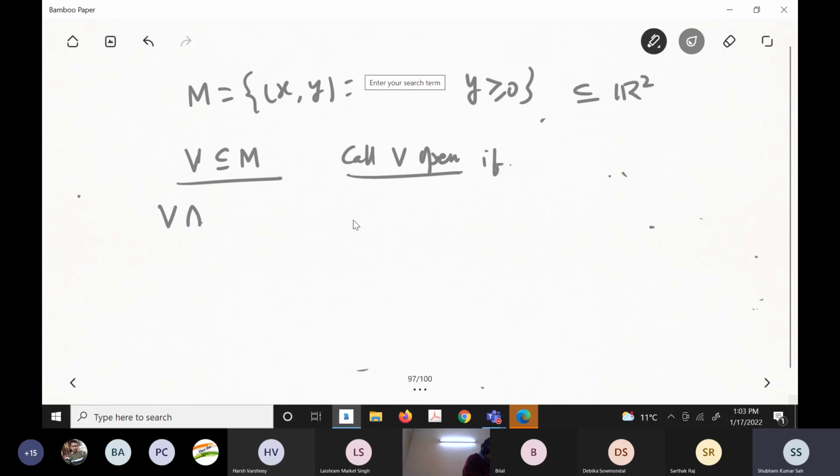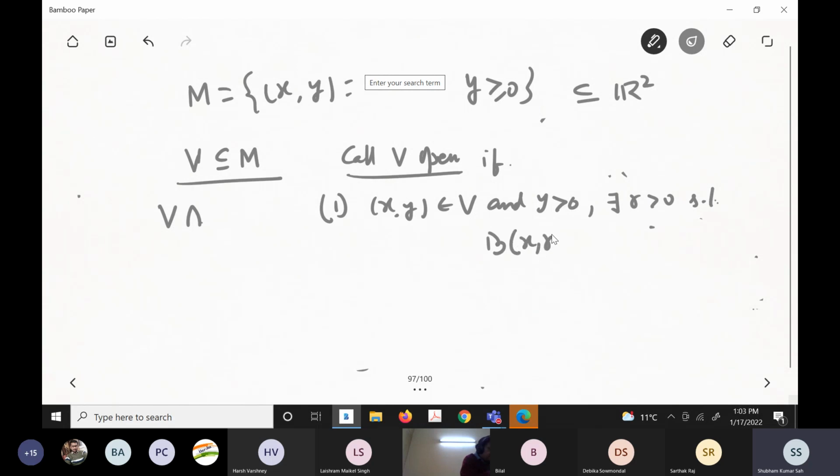If, one, (x, y) belongs to phi and y is greater than 0, okay, and there exists r greater than 0 such that the open disk, with the point (x, y) and radius r, is contained in phi.